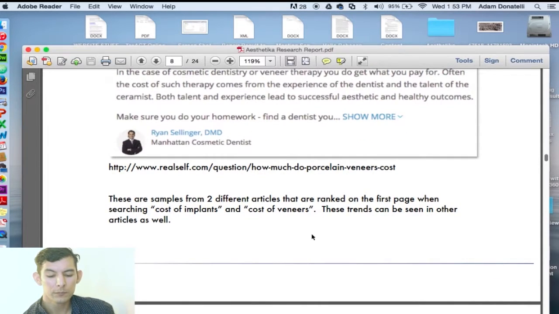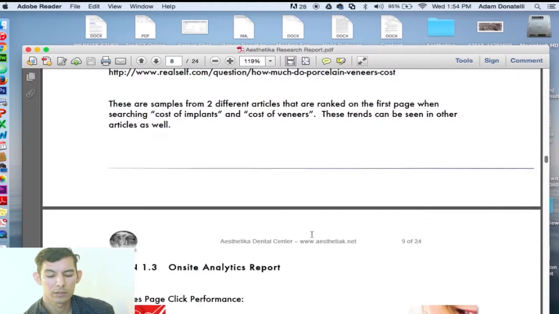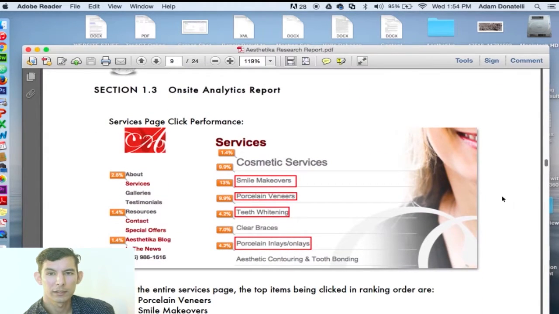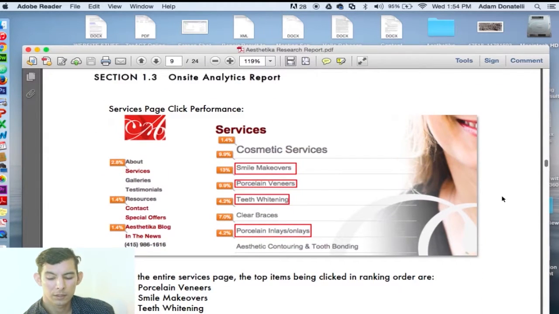Okay, so now we're drilling down into Google Analytics, which is going to tell us what's going on within the site, what the visitors are doing, where they're going, what's popular and whatnot. And so this is what we see here.